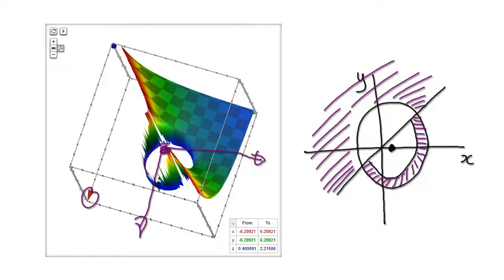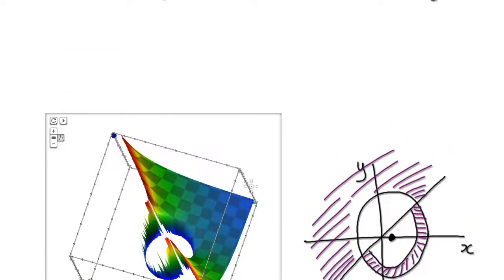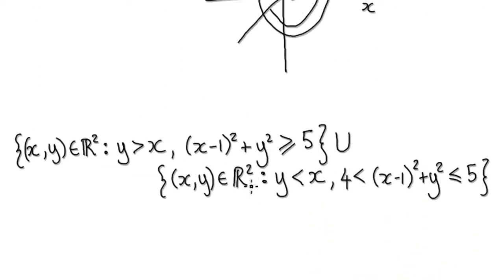So you've got our circle here. And then in the region where y is bigger than x, you can see that this region here is this region here. And then you've got this tiny band here, which is this tiny band here. And then you've got our circle. Okay? So our domain is given by this.